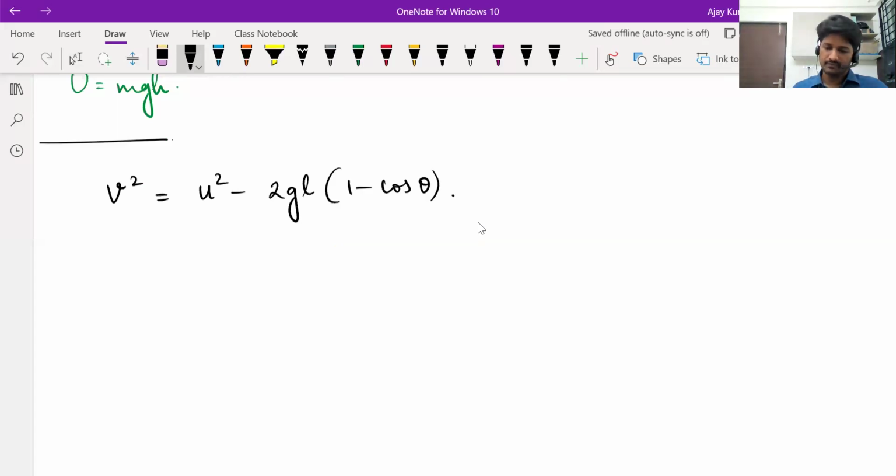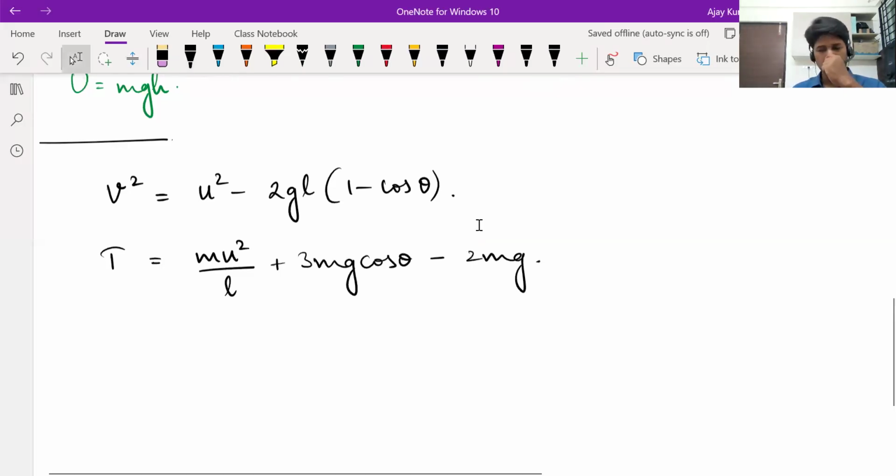And we derived an expression for tension also: mu square by L plus 3mg cos theta minus 2mg. Now we want to prove that velocity cannot become 0 anywhere in the upper half of the circle.